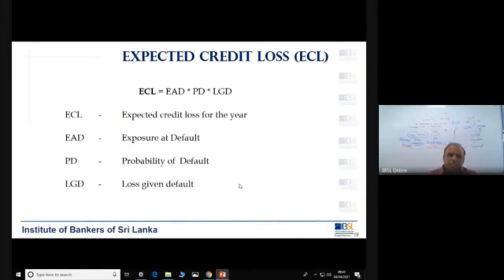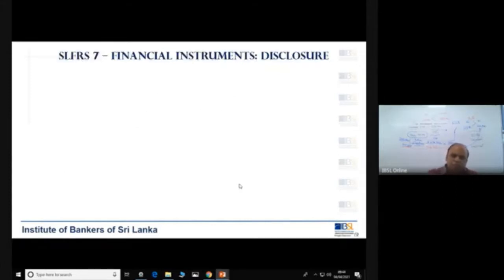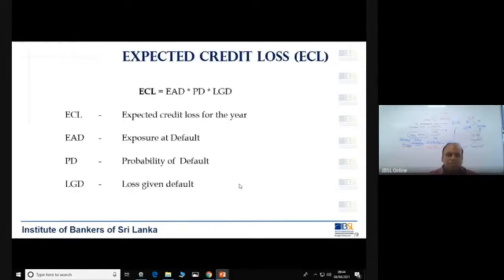It is the multiplication of exposure at default, probability of default, and loss given default. So these are three factors of the loan: exposure at default, probability of default, and loss given default.